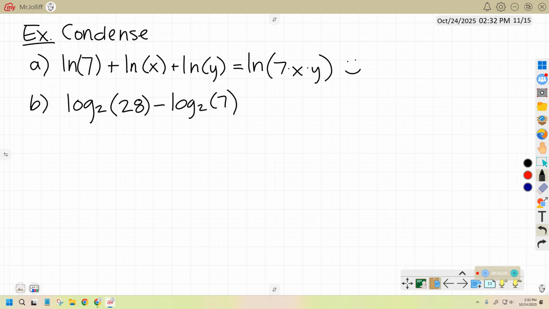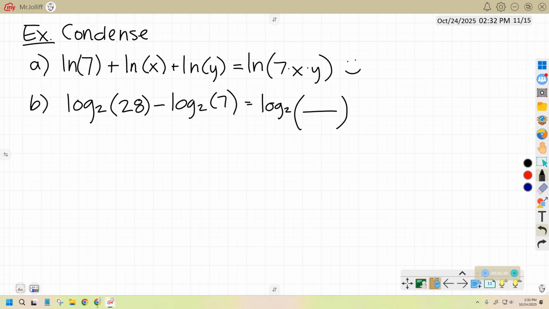So log base 2 of 28 minus log base 2 of 7. Jackie, what log rule am I going to use? There's only 3. Product, quotient, power. Quotient. Good. This looks like the answer to a quotient rule problem. I know subtraction outside the log becomes division inside the log.